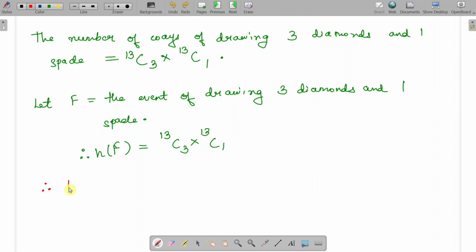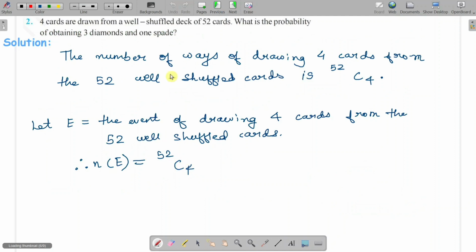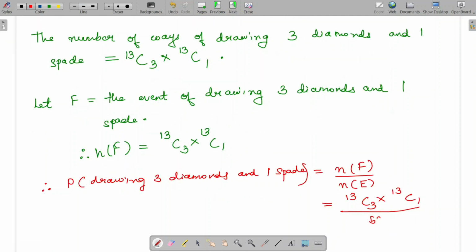The probability of drawing 3 diamonds and 1 spade is equal to n(F), the number of elements in set F, divided by the number of elements in set E. So that is nothing but 13C3 into 13C1 divided by the number of elements in E, which is 52C4. Okay, so this is the solution.